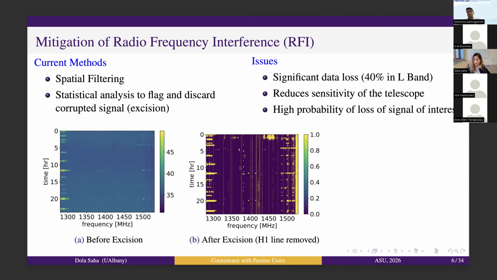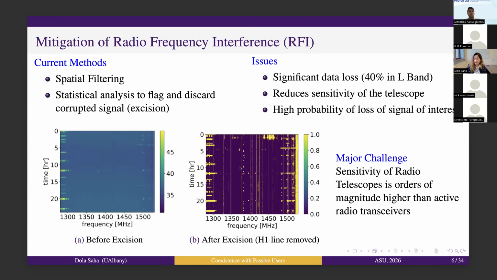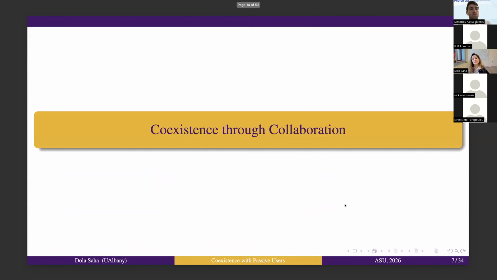Now, the most interesting part is after we pass this, we can see that the actual hydrogen line that was there got removed and marked yellow because we are just doing statistical filtering. So that causes other issues for radio astronomy. So it's not a very reliable system.